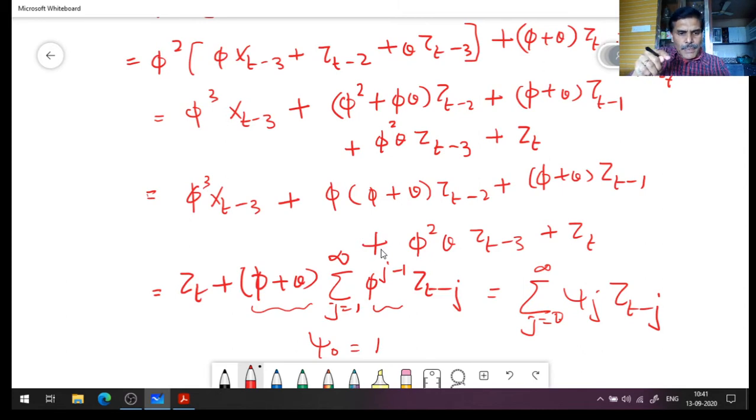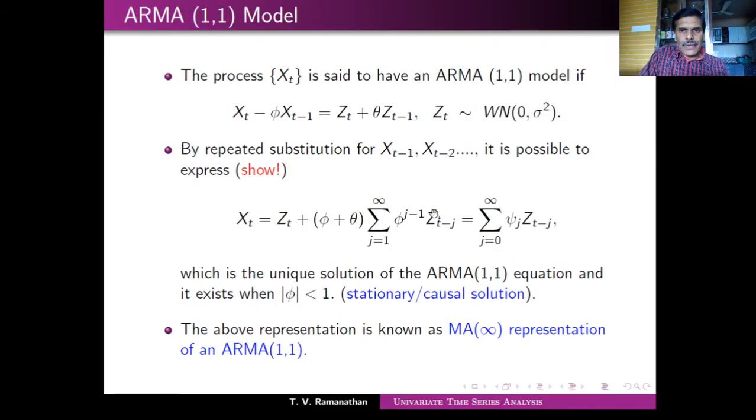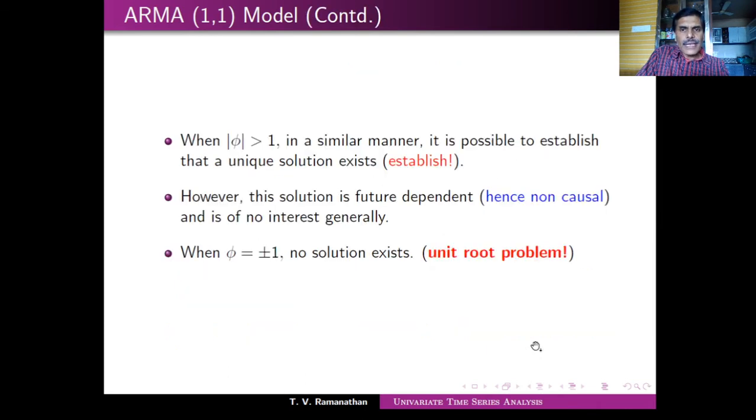So essentially you have this kind of a representation, and that is called the causal solution of an ARMA 1-1. So basically what you have done is you have written xt as an infinite moving average process. So the above representation is known as the infinite moving average representation. Now, as I mentioned earlier, this particular stuff is valid only for absolute value of phi less than 1.